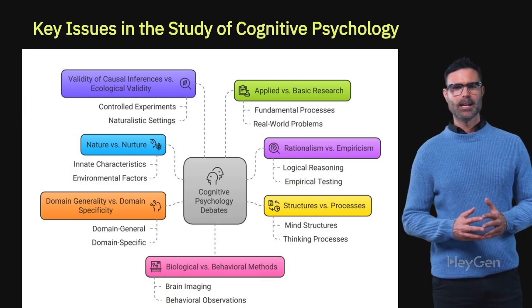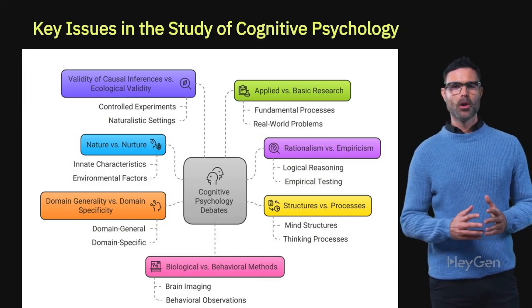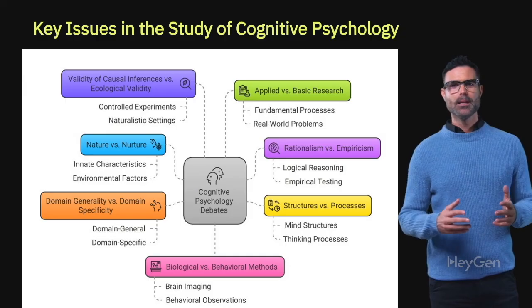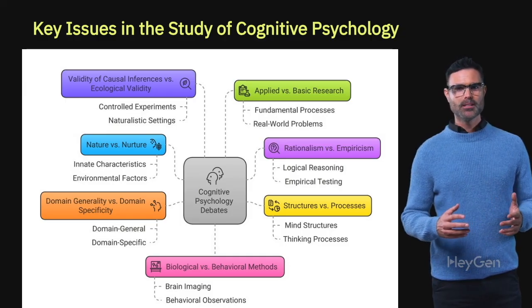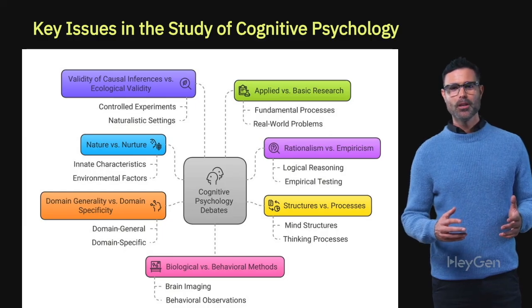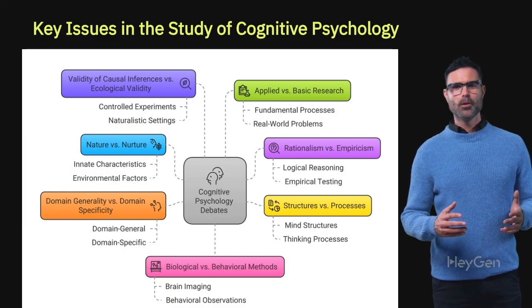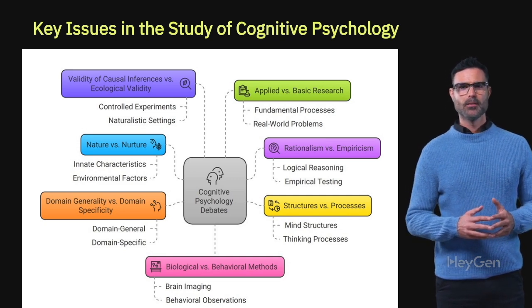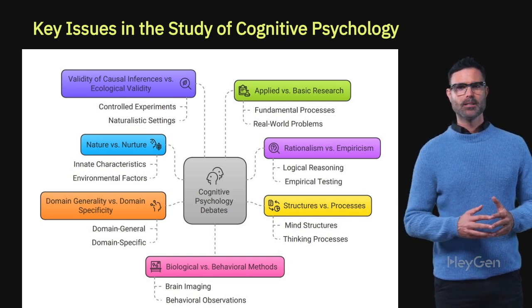Or should we engage in applied research that aims to solve real world problems and help people use cognitive strategies effectively? Biological versus behavioral methods. This issue asks whether cognitive processes should be studied through biological methods like brain imaging and neuroscience, or through behavioral methods such as observing actions and responses in experimental tasks.